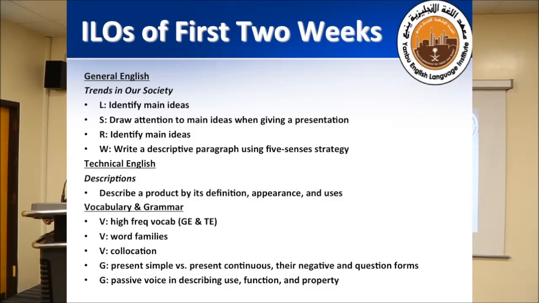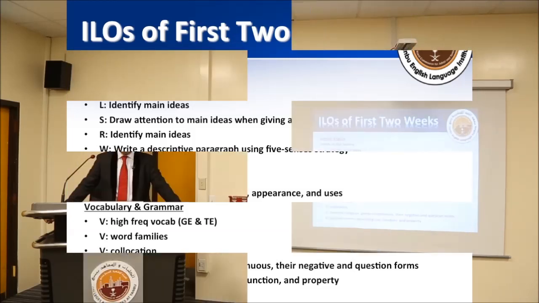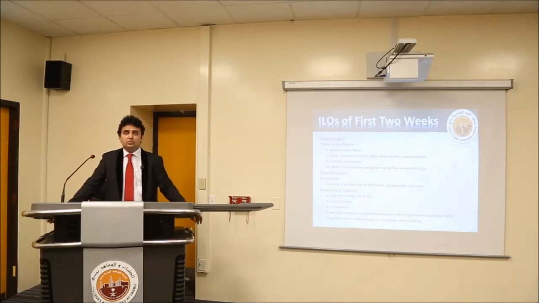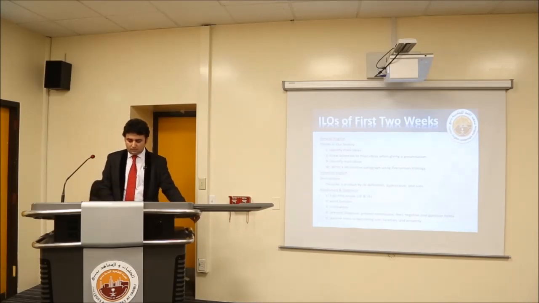In General English, we covered 4 skills: listening, speaking, reading, and writing. In Technical English, you describe a product by its definition, appearance, and use. In the Vocabulary and Grammar section, you learn words and some grammatical structures. I'm going to explain all these ILOs one by one.